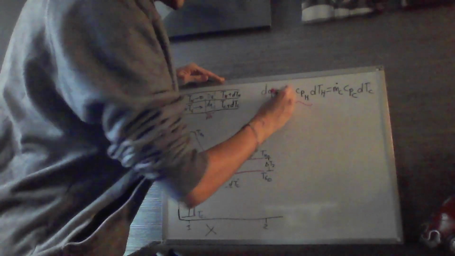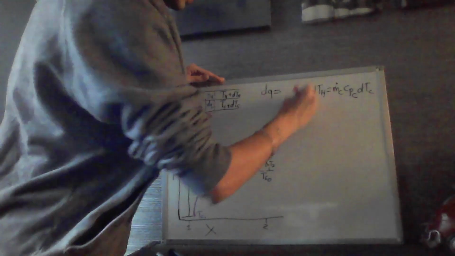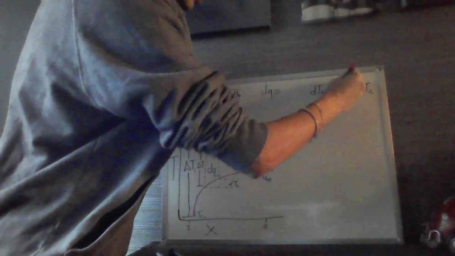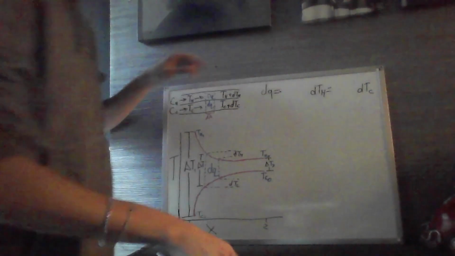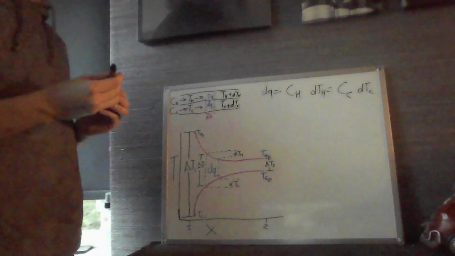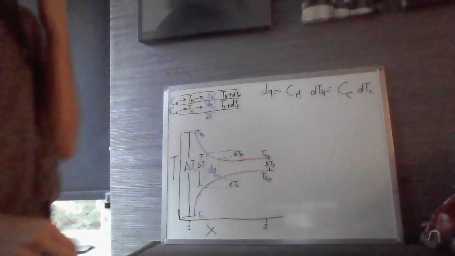So we can erase this, as well as for the cold, and simply state that we have negative CH multiplied by dTH, and then CC multiplied by dTC. Nice and easy and simple.